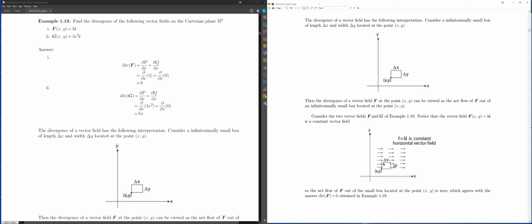Okay, so in order to get your interpretation of divergence, we're considering this vector field big F to start off with, right? So to get our interpretation of divergence, we consider this vector field as the velocity of some fluid flow, right? So the fluid is flowing in a horizontal direction. Notice the speed is not increasing.